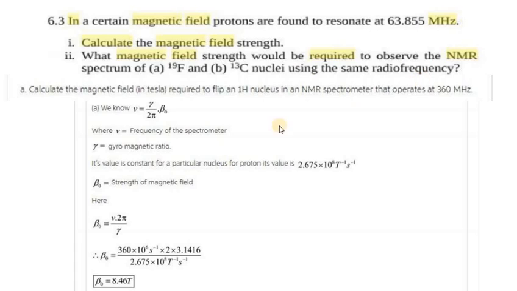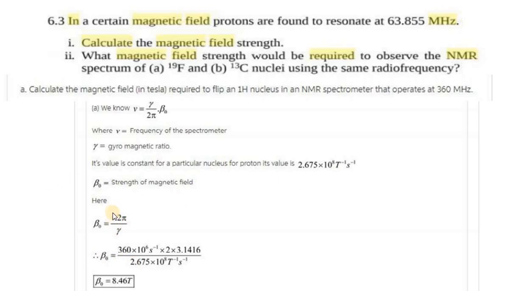radio frequency? We know the formula: frequency is equal to gamma over 2 pi times B naught, where gamma is the gyromagnetic ratio, which we already know, and for a particular nucleus, for proton, its value is this. So B naught, the strength of the magnetic field, comes from this formula.